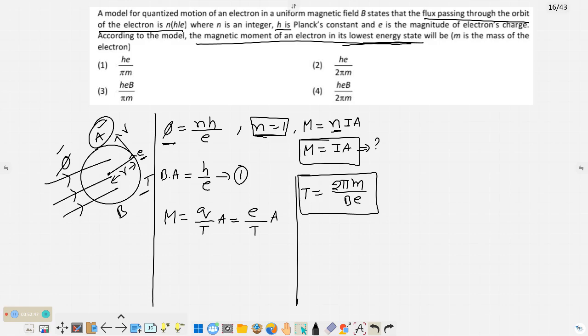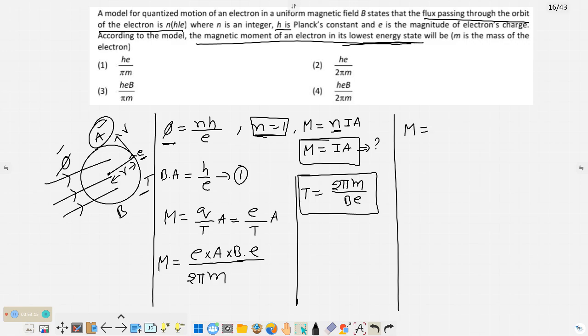So I can replace here: magnetic moment is equal to E into the area of cross section, A, into what is T, that we can write as 2 pi m by B into E. This is the way you are going to do it first. Our options are in terms of h and E. So what is the B value? B is equal to h by E. You substitute that h by E formula.